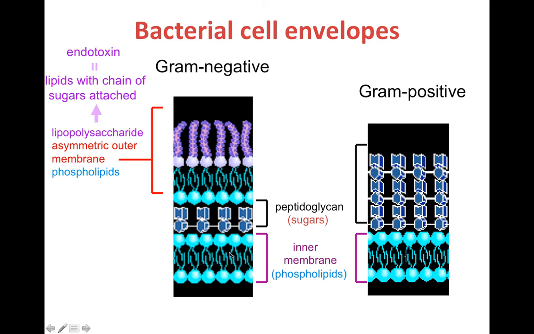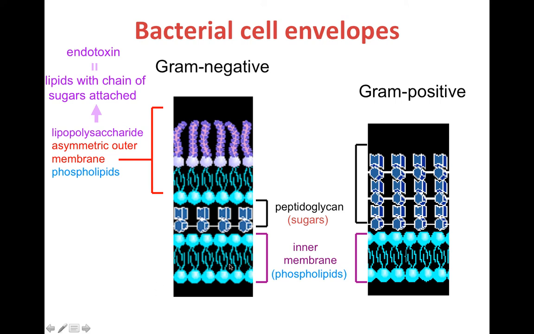The inner membrane is made up of a phospholipid bilayer. The outer membrane has phospholipids on the inner leaflet and lipopolysaccharide on the outer leaflet. In between is a peptidoglycan layer. This is a sugar layer that is typically what we call the cell wall of bacteria.